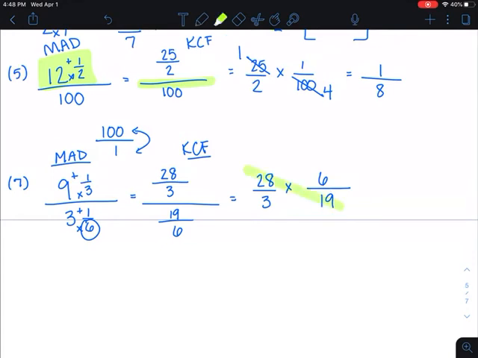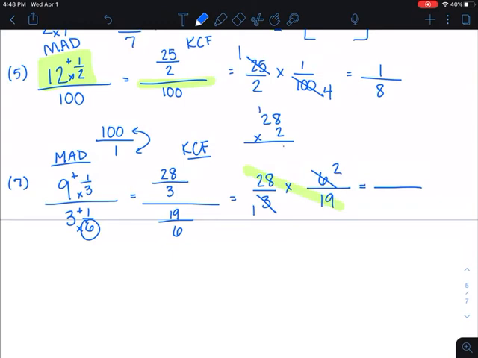Alrighty, 19 is a prime number. We cannot simplify this side. 3 goes into 6 2 times. Alright, so now you multiply straight across.